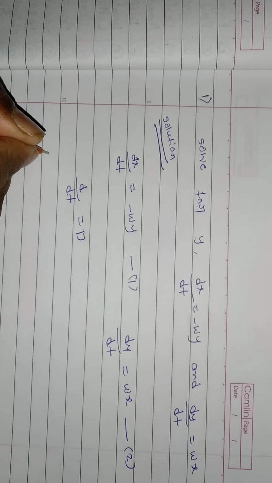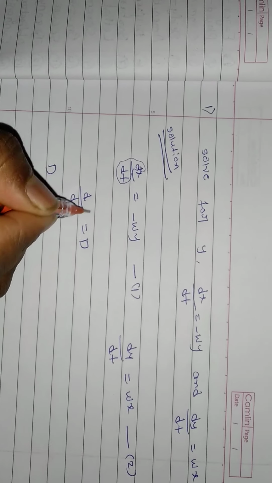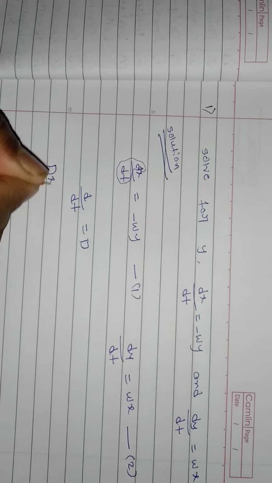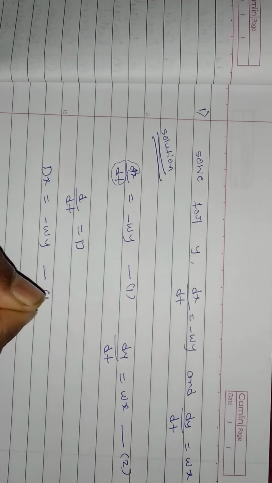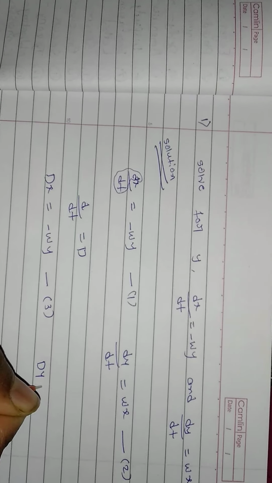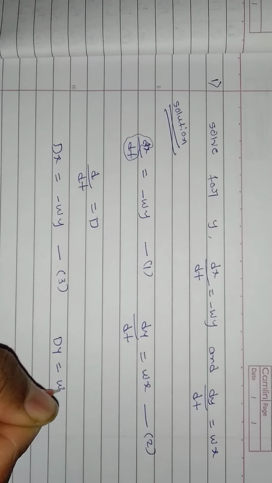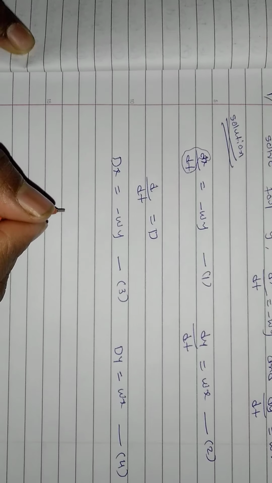So what it will become: I can write Dx equal to minus wy, and this I will name the third equation. The same thing I will apply on the second equation, and I will get Dy equal to wx. Let us name this equation 4.